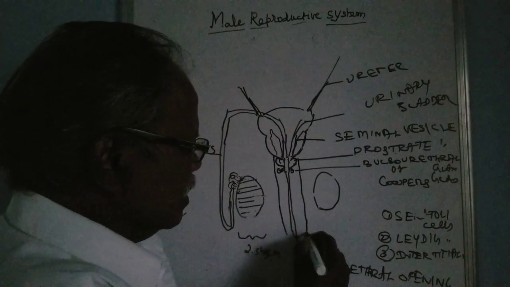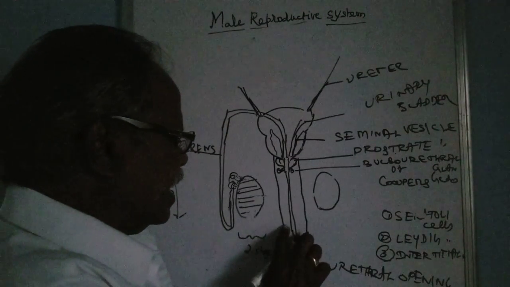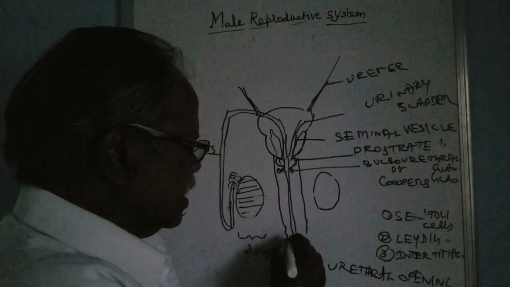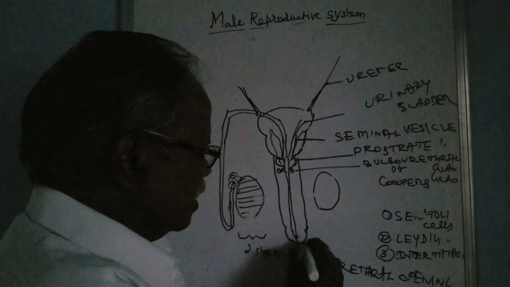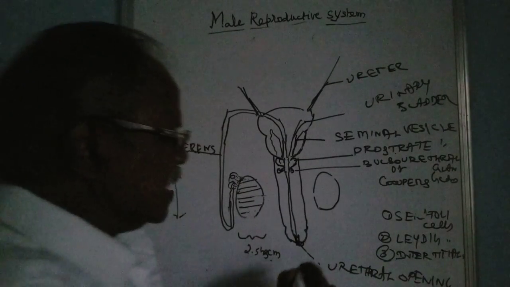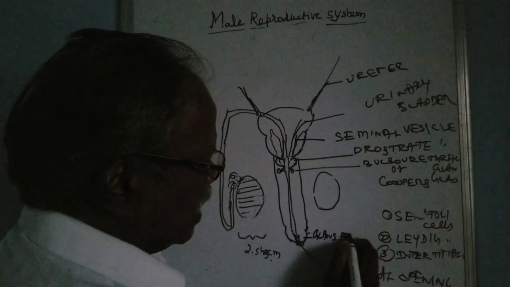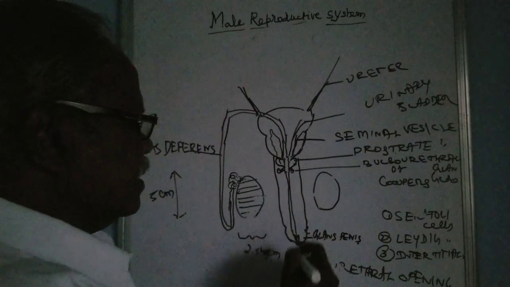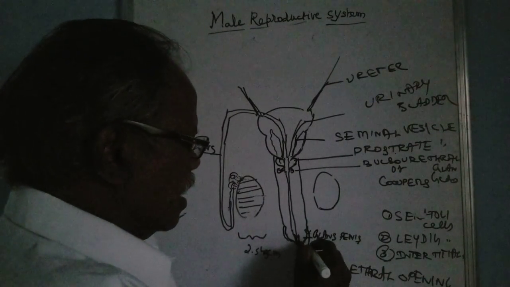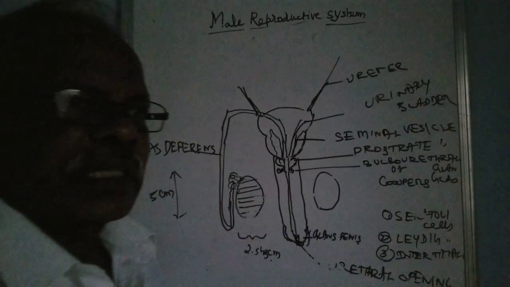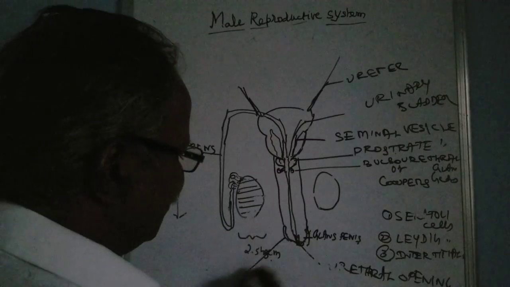The penis is a muscular structure, and the end of the penis is a bulbar structure called glans penis. The glans penis is surrounded by a skin fold, that is called prepuce.